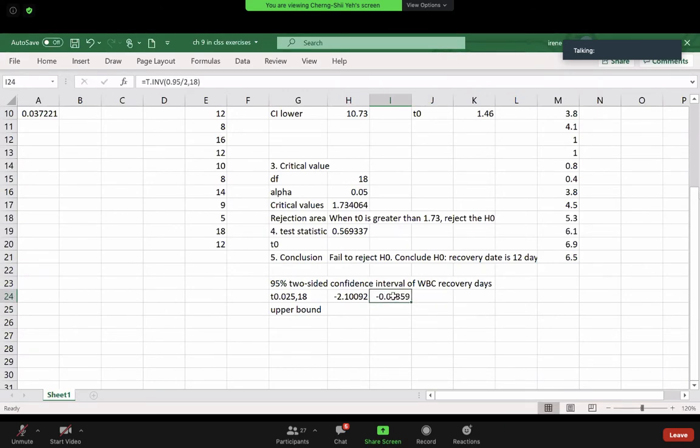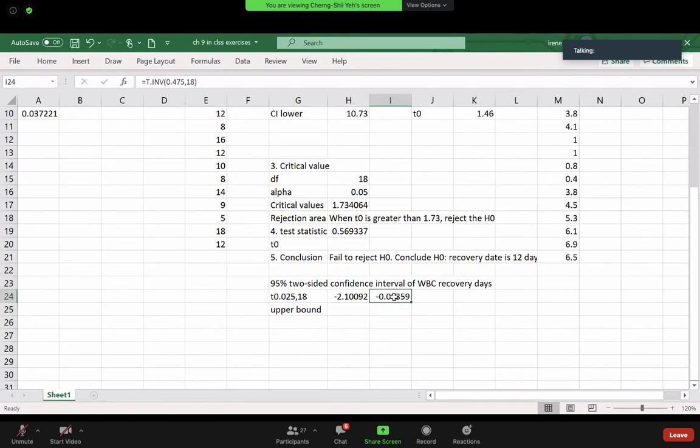What's going on? Didn't take it as 0.95, did it? Why do I get different values here? Hold on one sec. It doesn't give me the same value.